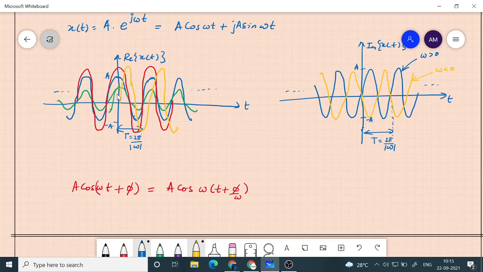This is shifting by phi by omega, which is equal to minus pi by 2. I shifted it to the right. So if phi by omega is equal to pi by 2, I am shifting it by pi by 2, or a 90-degree phase, to the right. This is the second thing which the LTI system can do.